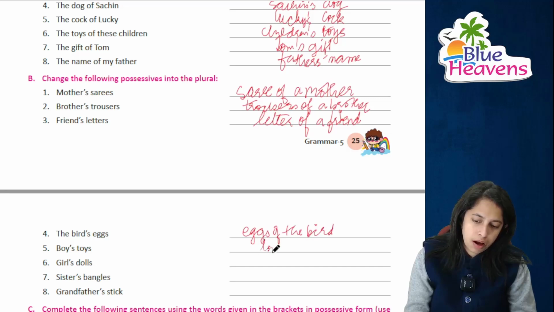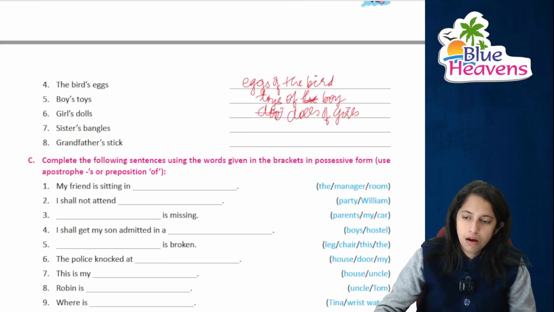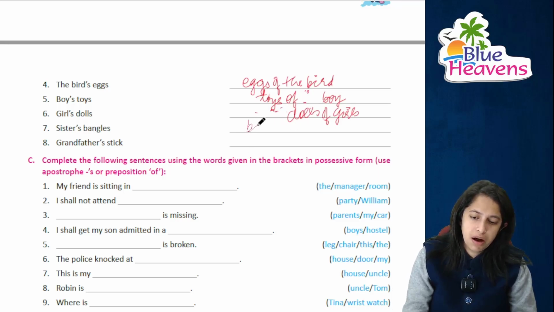Boy's toys, toys of the boy. Girls' dolls, dolls of the girls. यहाँ से भी आप the हटाइए, right? You can remove it. Sister's bangles is of course the bangles of sister. Bangles means चूड़ियाँ. Grandfather's stick is of course the stick of grandfather.